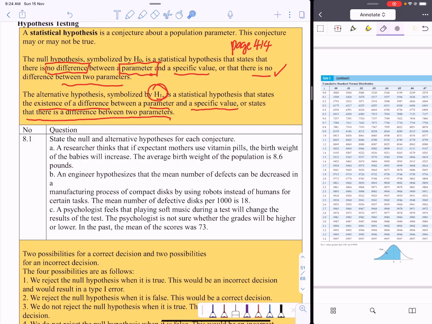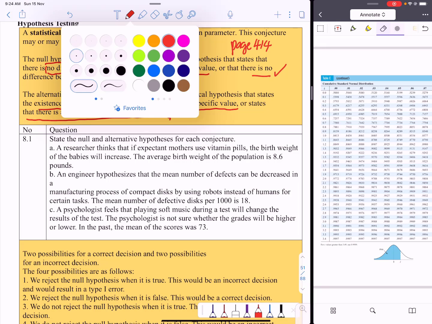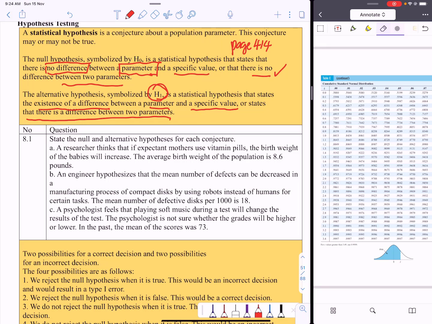The average birth weight of the population is 8.6 pounds. Then how do we write the hypothesis? We have the null hypothesis, and we write the mean equals 8.6, the current average birth weight of the population.